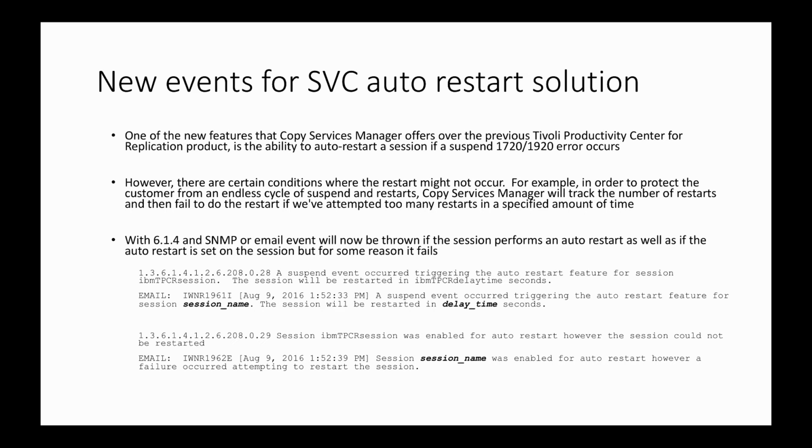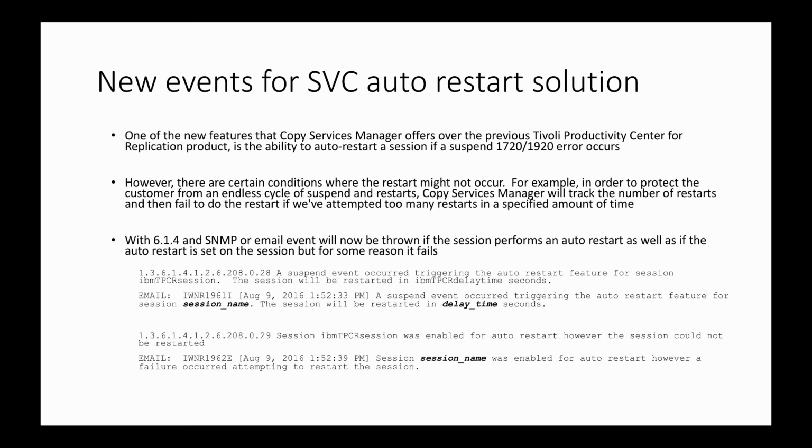The first one will be the SNMP alert and email alert that tells you that a suspend event actually triggered the auto restart, and we can tell you the session, when the session will be restarted, and if you've set a delay time. We have the ability to set a delay time on the session on that auto restart, and so it'll give you that information. But also, if we come back up and we try to restart it, and that restart fails for any reason, we will throw an alert there as well.